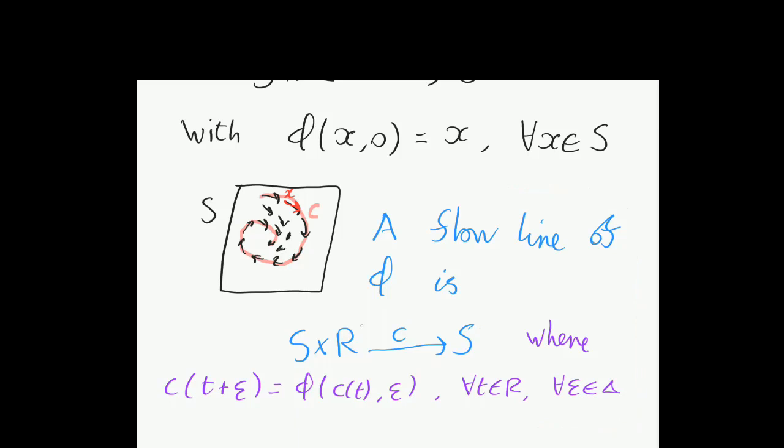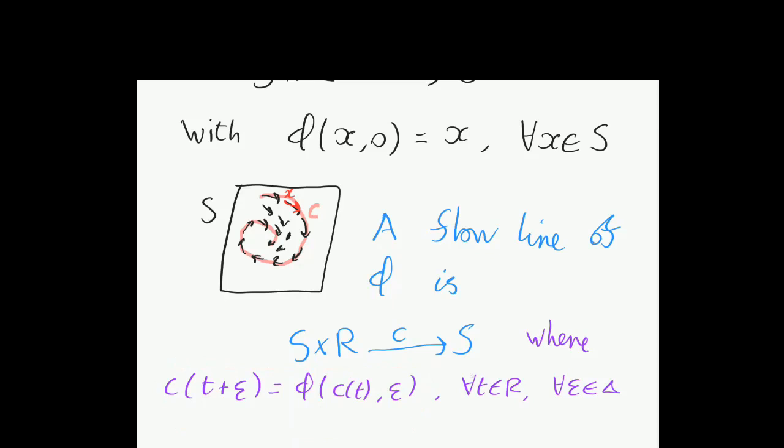A flow line is just a map where we send every time, where time is a value on the smooth line, to a point in our space in such a way that this equation holds.